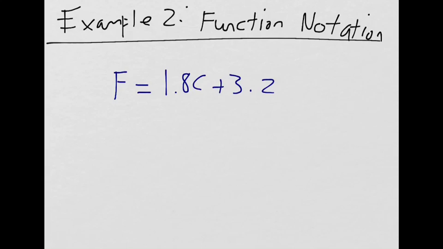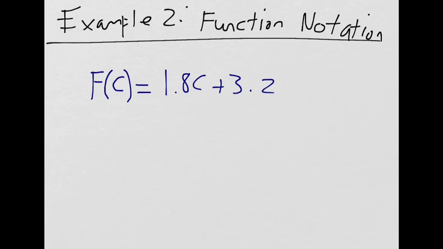Because it's a function, mathematicians usually take this dependent variable and give it some extra detail. They put in brackets the variable that the function is dependent upon. So if I were to calculate values for F, the variable I would be inputting would be C, Celsius.